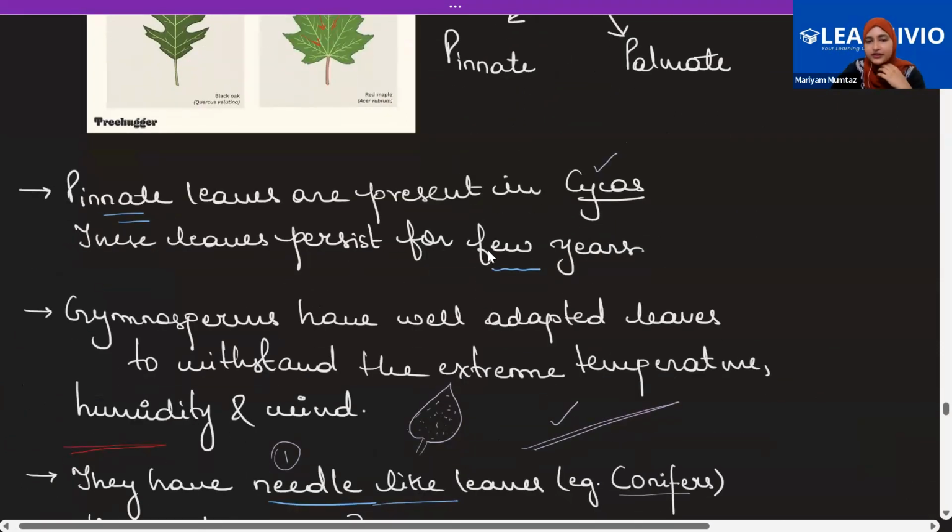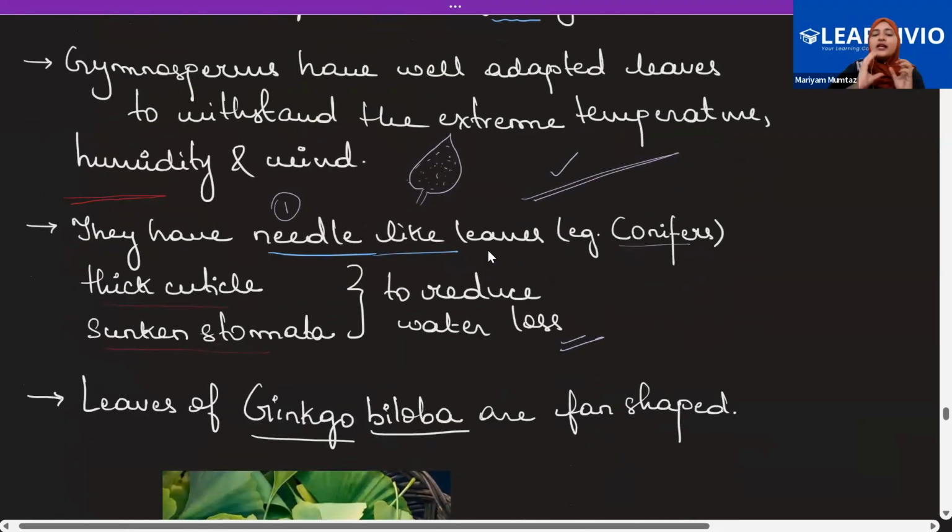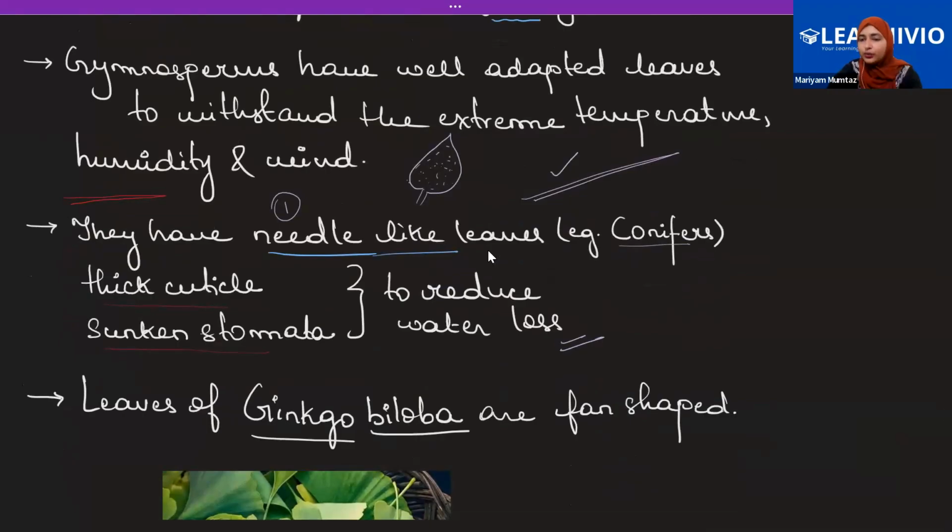These leaves persist for a few years. Now, like I said in the previous class, gymnosperms have all those capabilities with which they can withstand extreme temperature, extreme wind and humidity. In areas where there is high temperature, they will have a lot of loss of water. To combat that, they have leaves that look like needles.